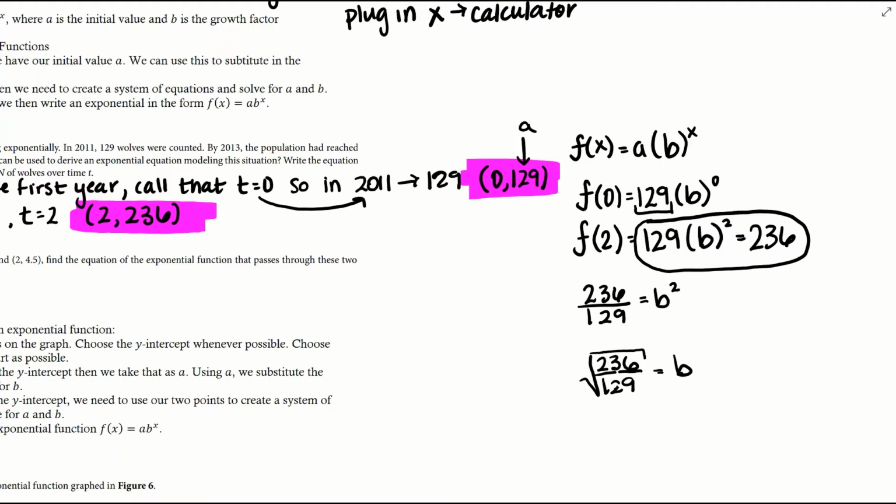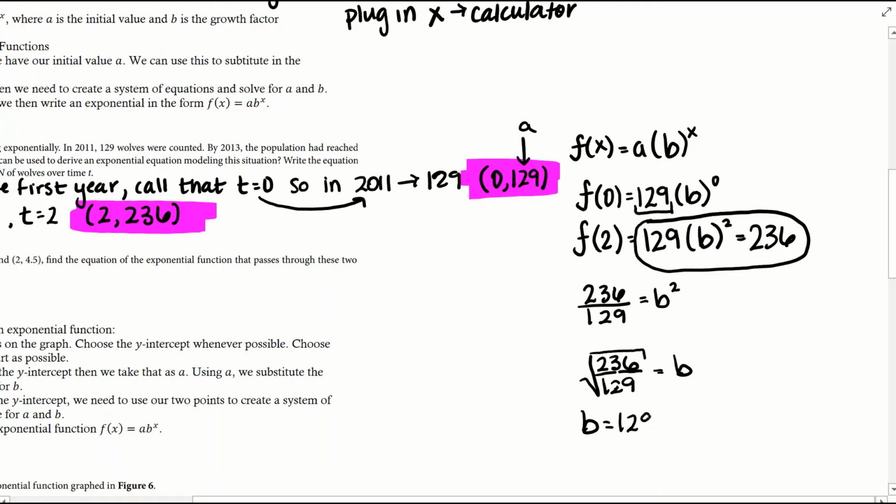So 236 divided by 129, then we are going to take the square root of that. So our b, and I will round this to 2 decimal places.